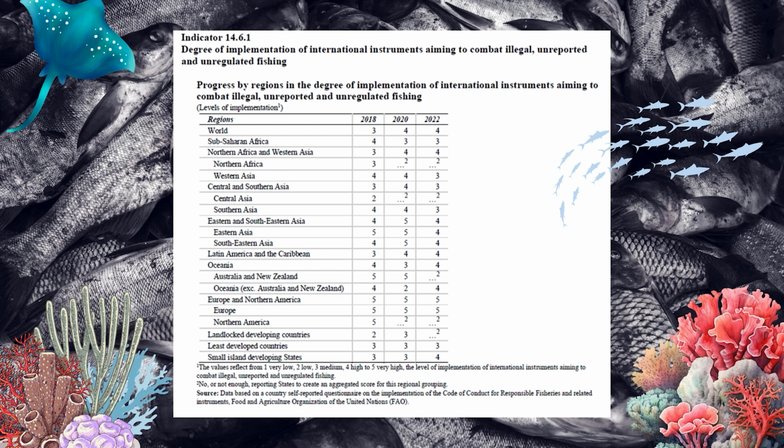It is from 3 to 4, 4. In 2018 it was 3. The level of implementation of this instrument is only 4. So we need to improve it. If we reach 5, you just see that here we need to improve.